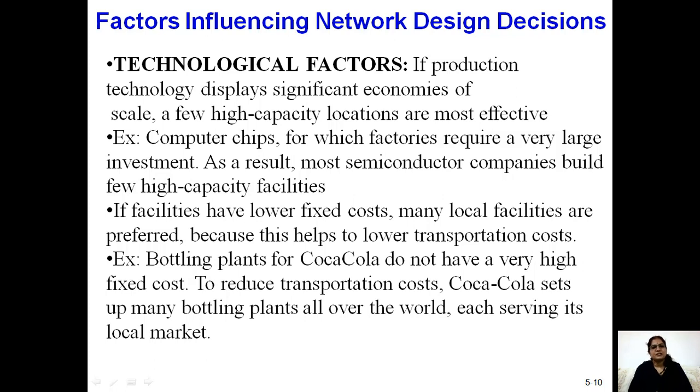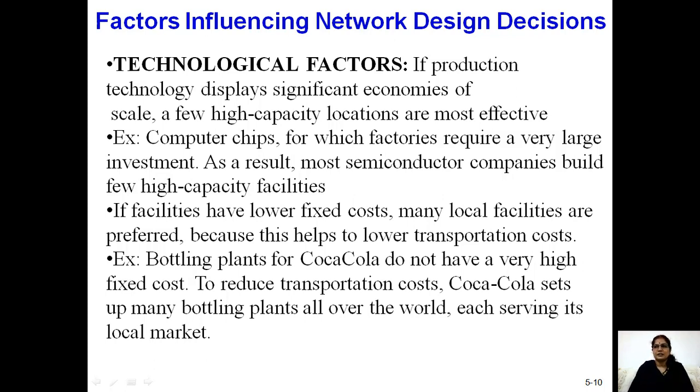So, if production technology displays economies of scale, a few high capacity locations are most effective. Whereas, if production technology supports factors other than cost, then a large number of locations close to the customers is better.